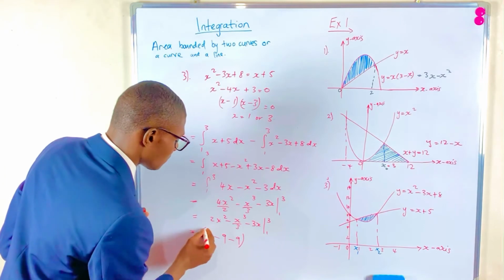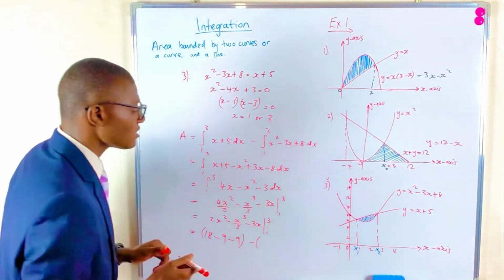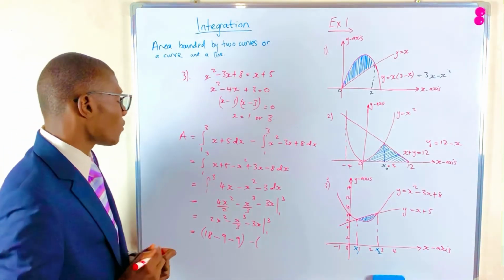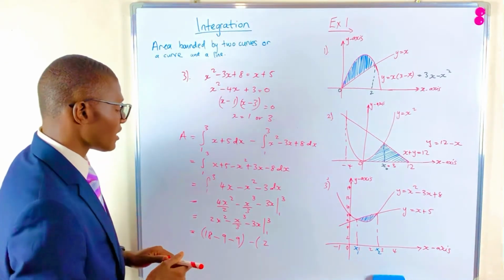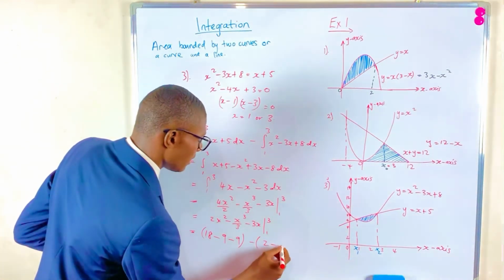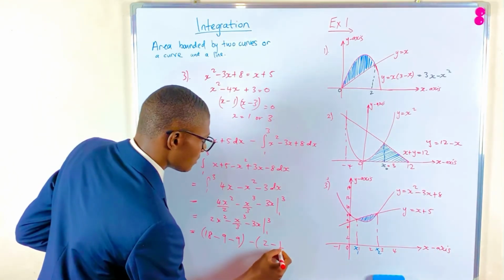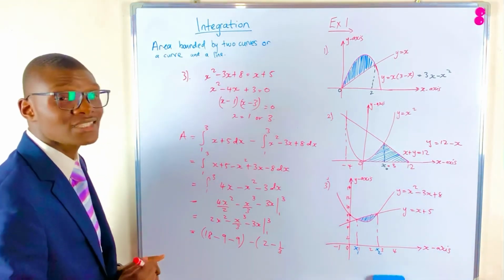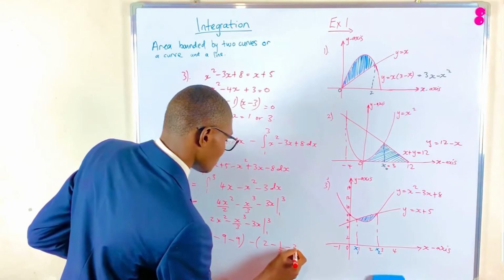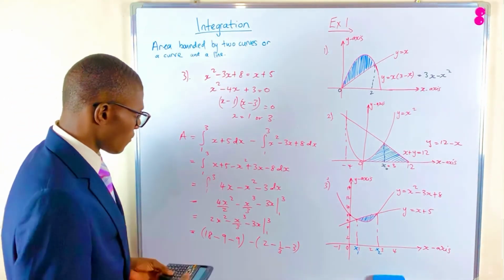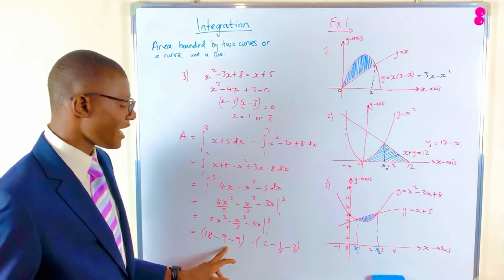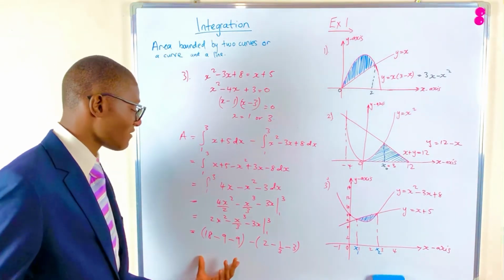So this is for the upper limit. Then minus the value of the lower limit. We're saying 2 times 1 squared, that's 2. Then minus 1 to the power of 3 over 3, that's 1 over 3. Then minus 3 times 1, that will give us a minus 3. So now if we simplify this, we're saying that 18 minus 18, definitely this is giving us a 0.